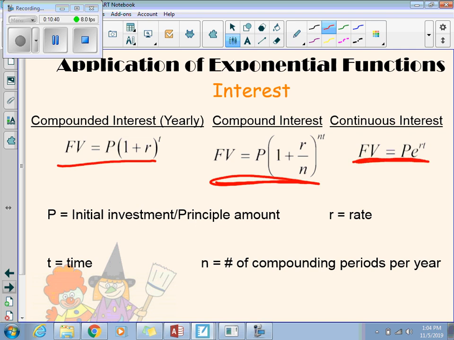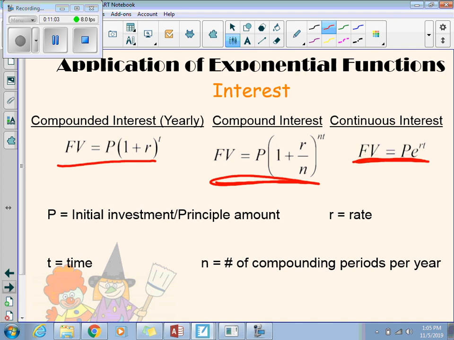Now the pieces there: P stands for the initial investment or the principal amount that you've put in. Okay, the rate is just like the rate of the bacteria and things growing on the other problems we did with the growth and decay. Time is how long you're going to keep that. And then the N is that compounding period.